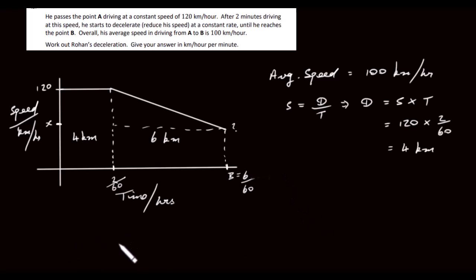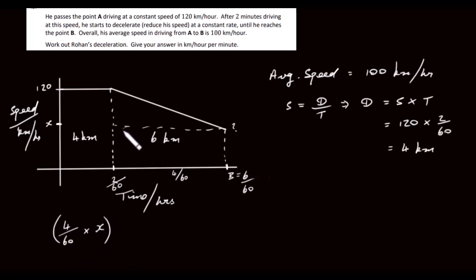What we can do here is look at this area here and this area here. We know it equals 6. So let's see, we have this distance here, which is 6/60ths minus 2/60ths, which is 4/60ths. This is 4/60ths along here. So we have 4/60 multiplied by x.